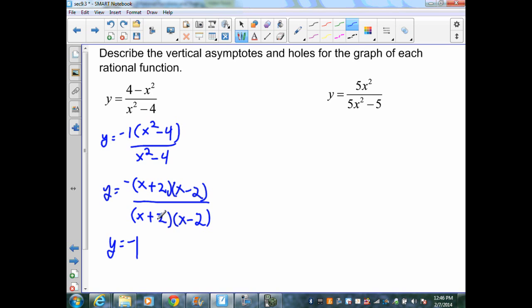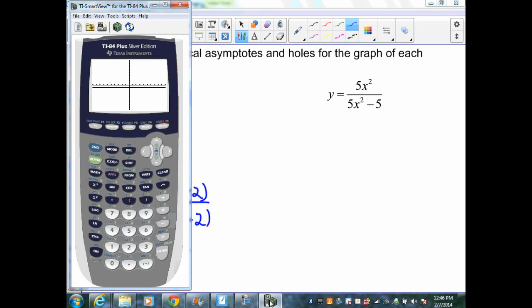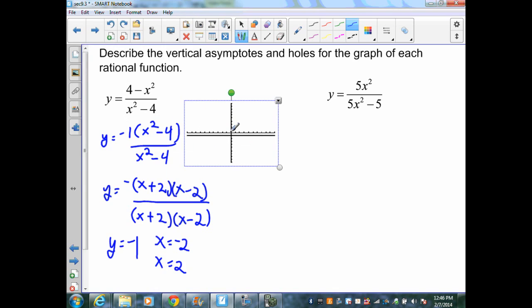Therefore, when I set this to 0, I'm going to get x equals a negative 2. When I set this to 0, I'm going to get x equals 2. Therefore, I'm going to have holes at these two locations. So if I graphed it, I would get a graph that looks like this, but at these two locations, I should have a hole at x equals a negative 2 and x equals a positive 2.